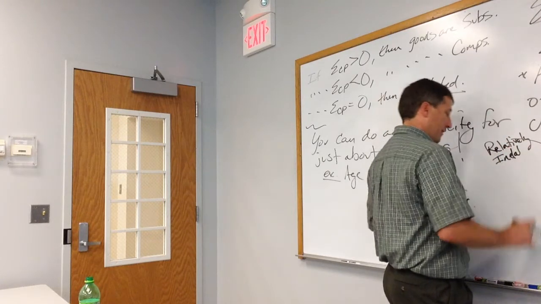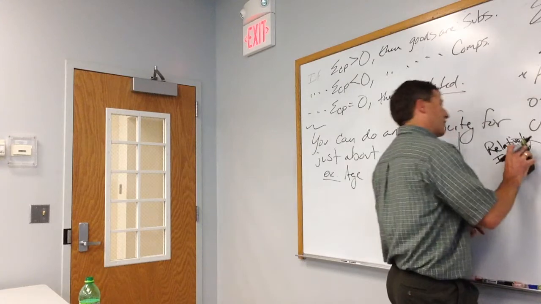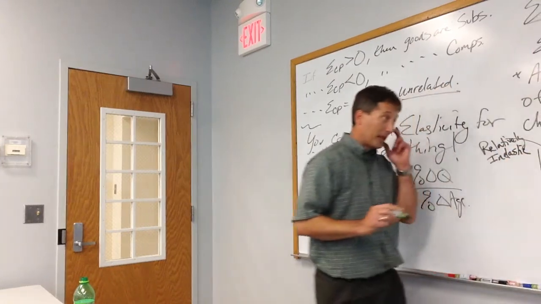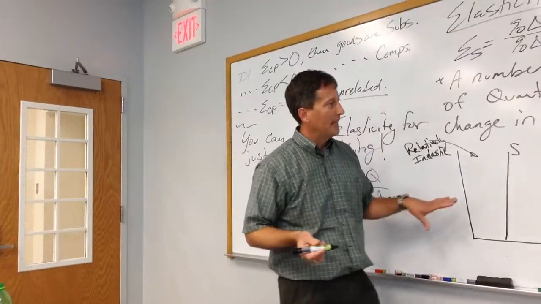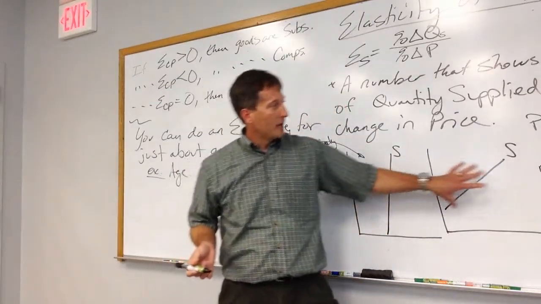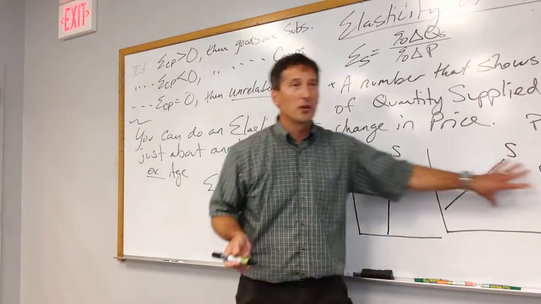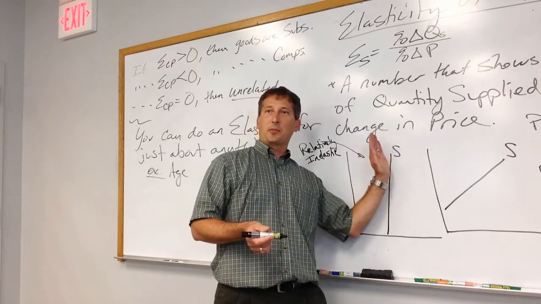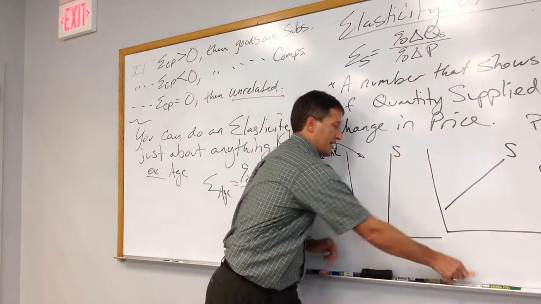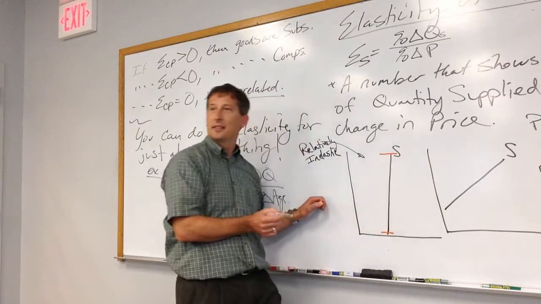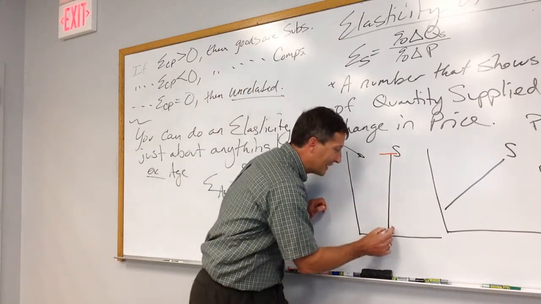Now, I'm going to give you one of my greatest inside secrets to remembering this. If we look at this curve, as it starts to get steeper and steeper, it starts to look like an I for inelastic.